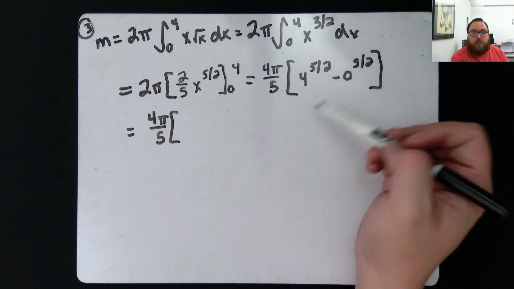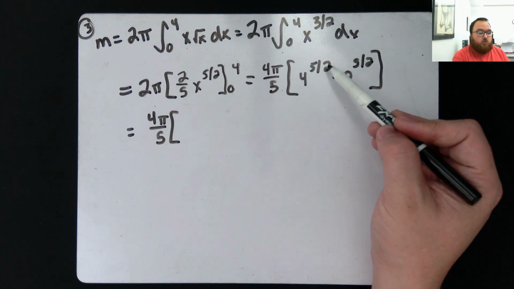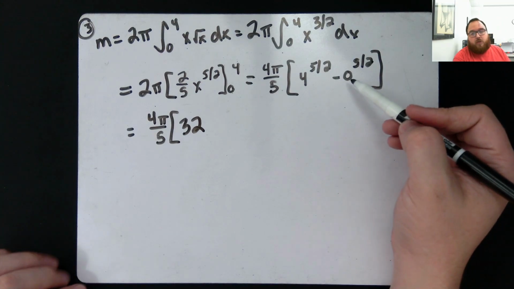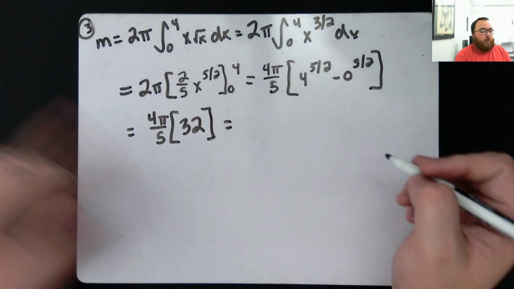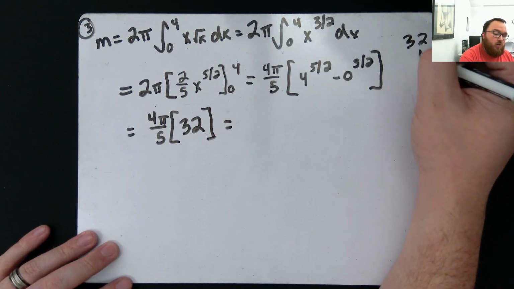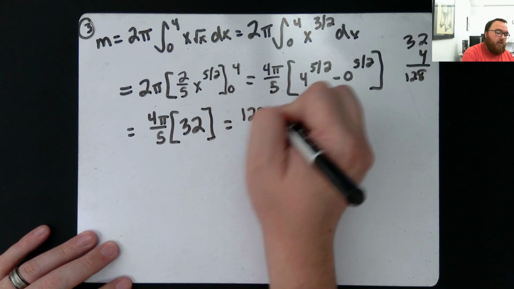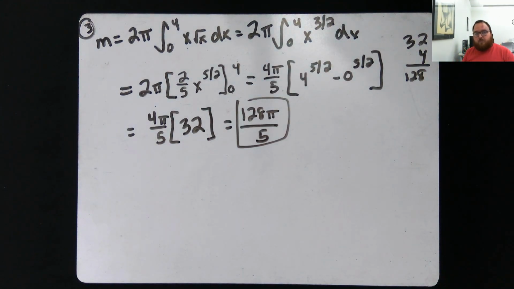Since I can do this one, I want you to, right? Square root of 4 is 2, 2 to the 5th is 32. 0 to the 5/2 is, of course, 0. 32 times 4 is 128. So 128 pi over 5 is what I get there.